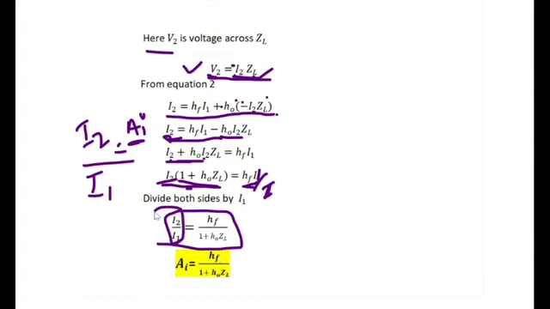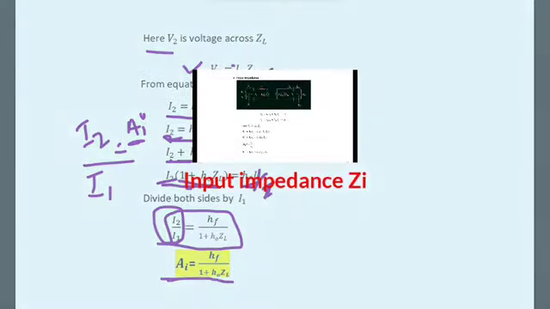So the current gain, that is I2 by I1, is nothing but AI. Current gain is equal to HF by 1 plus HO into ZL. This is the actual formula of current gain of a BJT in the H parameter model.